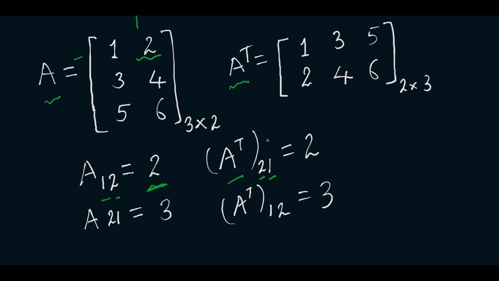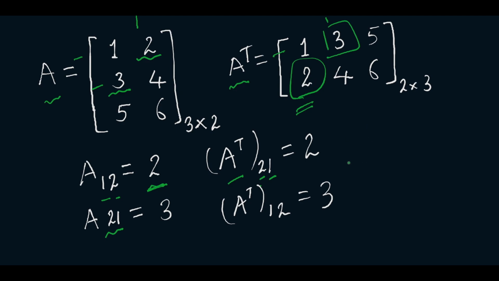So in A transpose, second row, first column, we get the same element 2. Now A21 for matrix A is second row, first column, which is this 3, and for the transpose we will look at the A12. So first row, second column, we get the same element. So this was the transpose matrix.